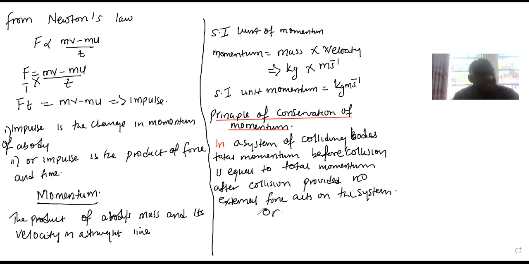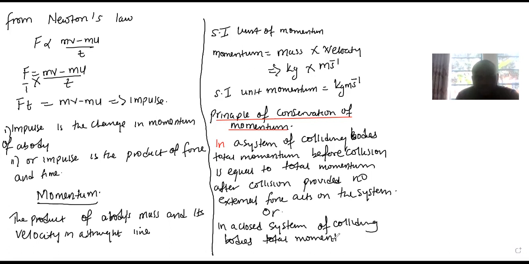But someone can have it summarized in this form by saying, in a closed system of colliding bodies, total momentum is a constant.